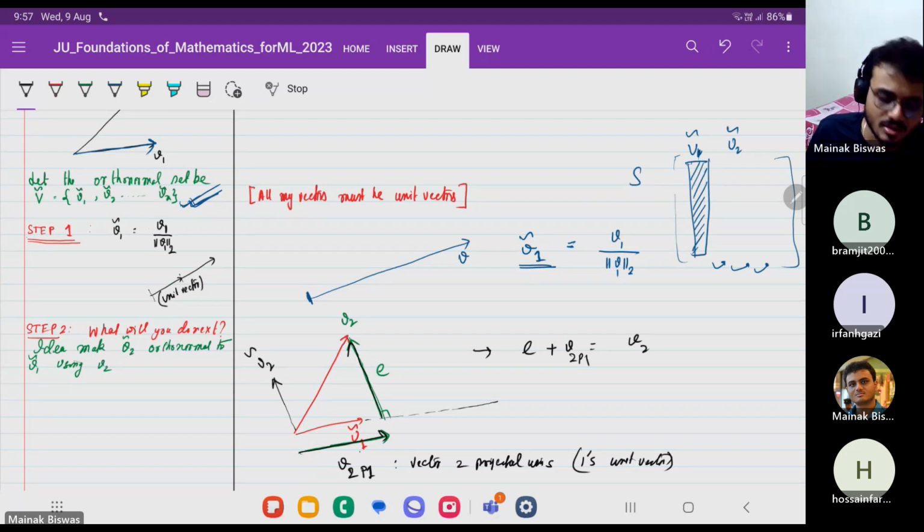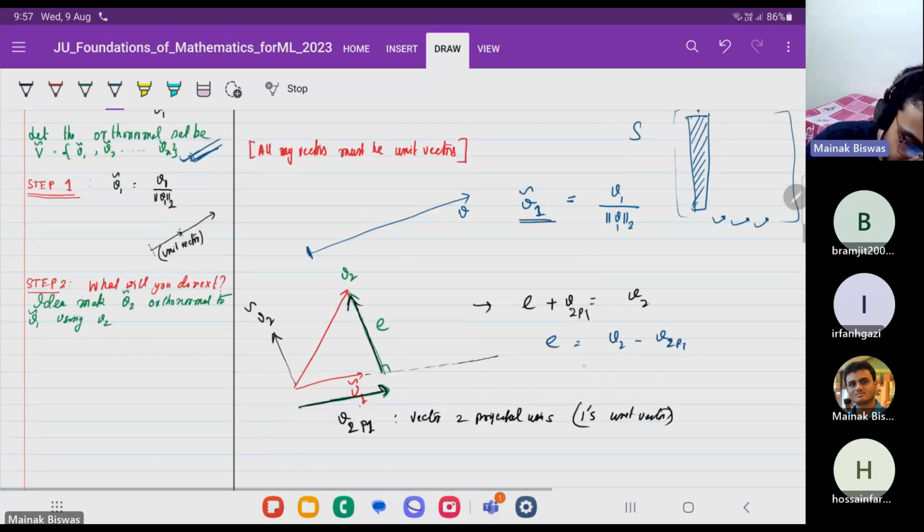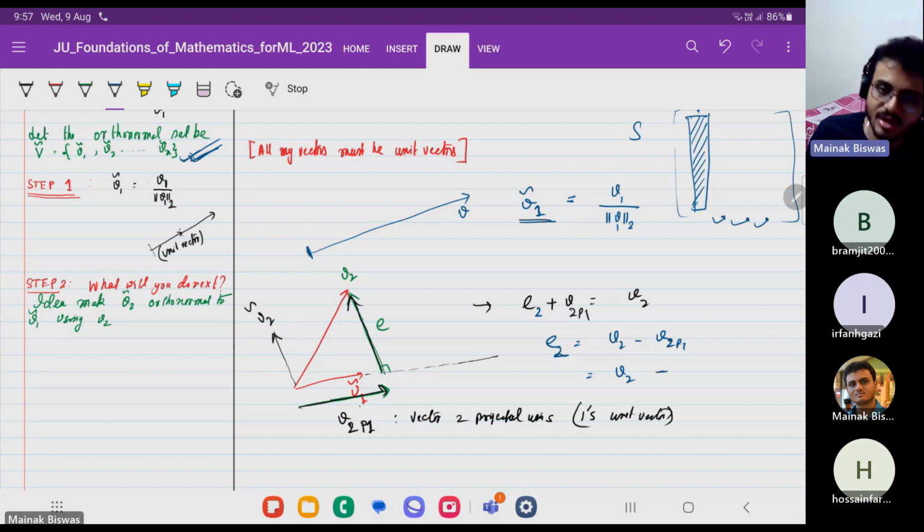Agreed? So what is your E? Error is v2 minus VP1. So v2 is v2 only. What is VP1? I'll write the error as E2 here because it's the error of the second vector.